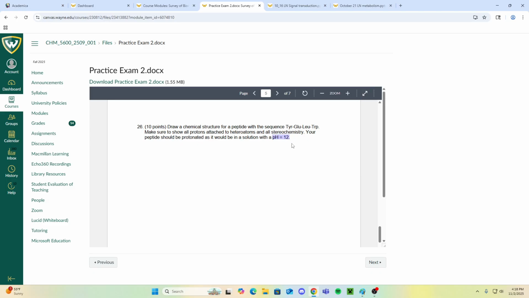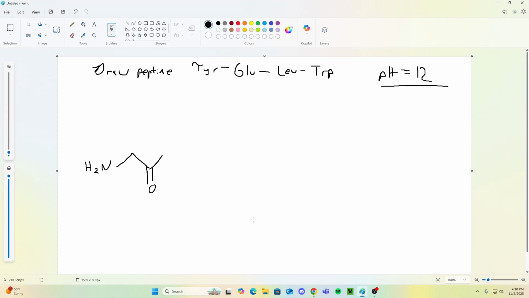So, because it's a pH of 12, it's very important to note when we're drawing this tyrosine that this R group here is going to have very special properties.